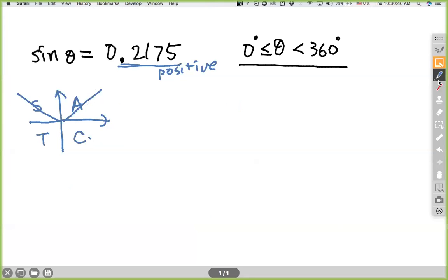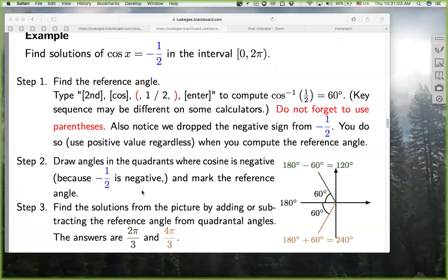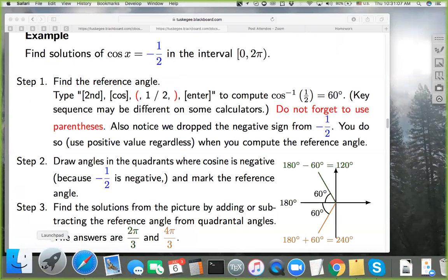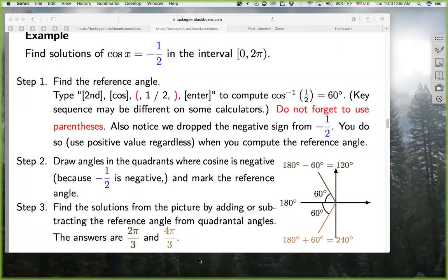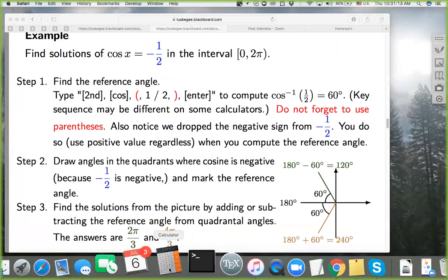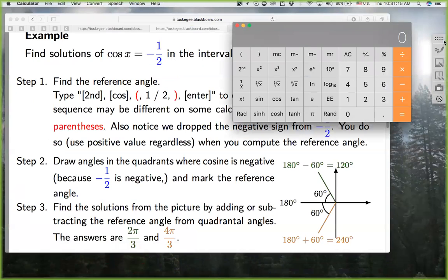So that's how we get two numbers. And the next thing is to use a calculator to get an angle.